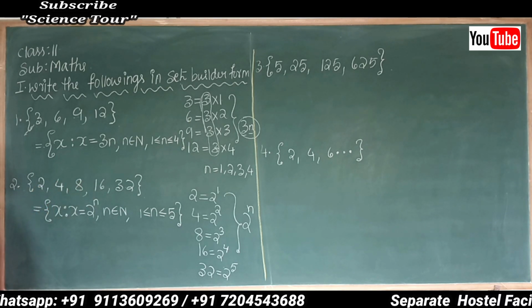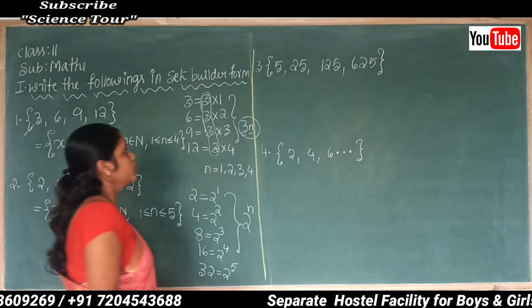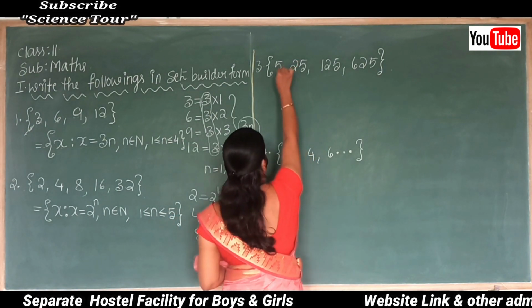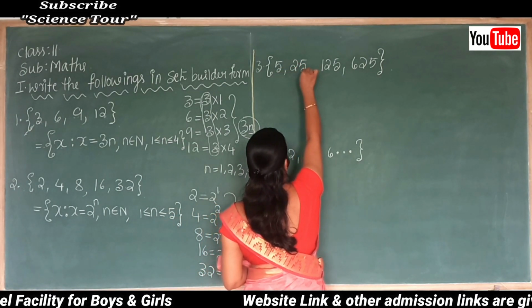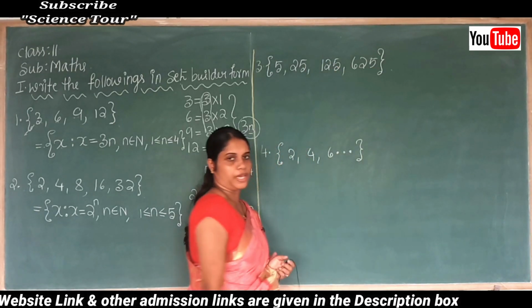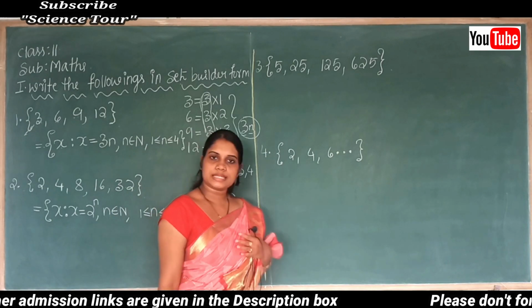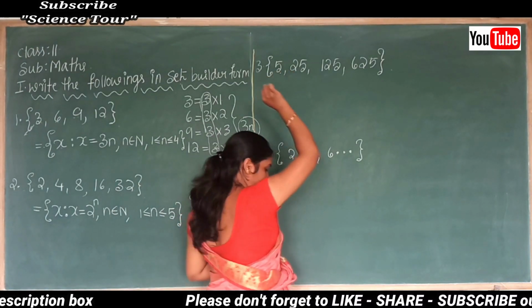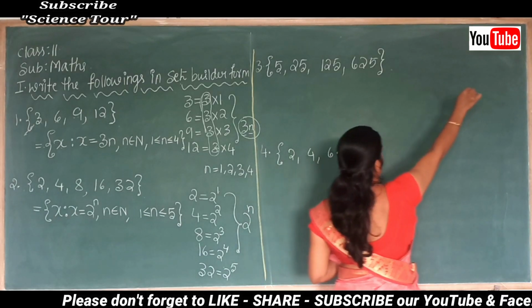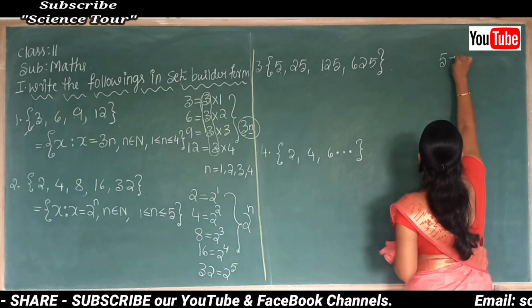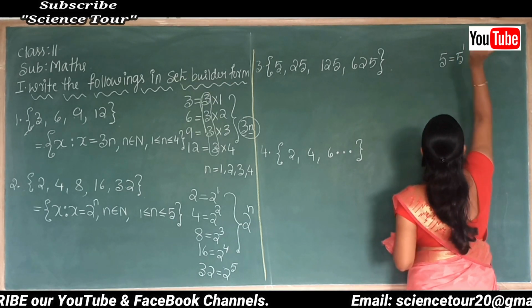Similarly, I will take a few more examples. The next, third example I will consider: 5, 25, 125, 625. How to write it in set builder form? The first element is 5, which is nothing but 5 to the power 1.